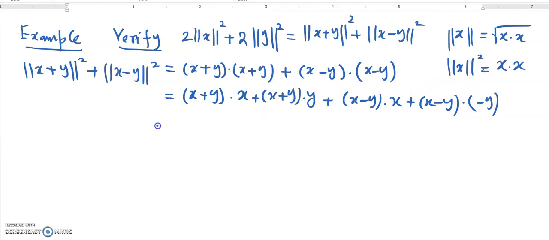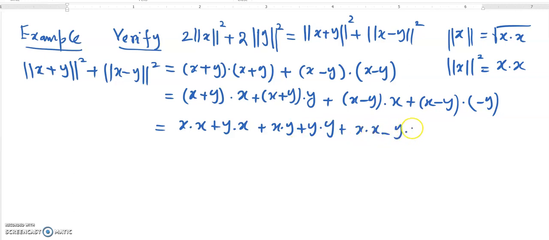So it will be x dot x plus y dot x plus x dot y plus y dot y, plus x dot x minus y dot x, minus x dot y, and then plus y dot y.